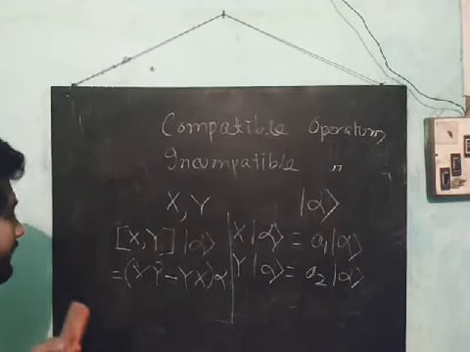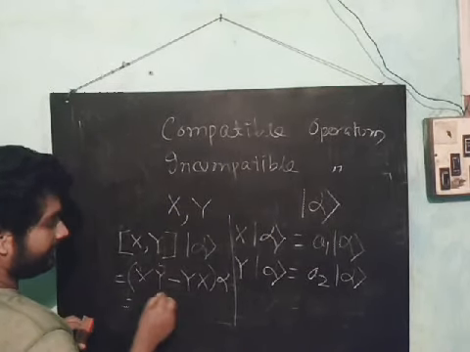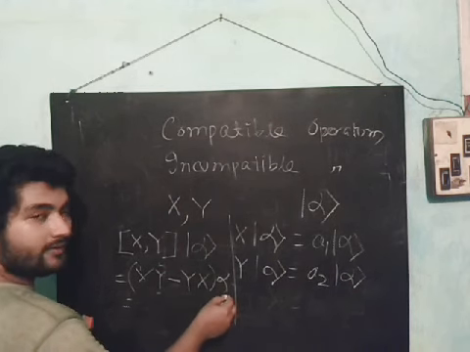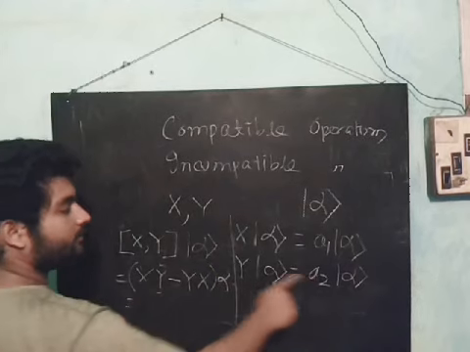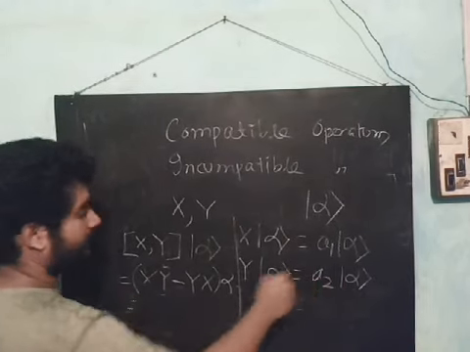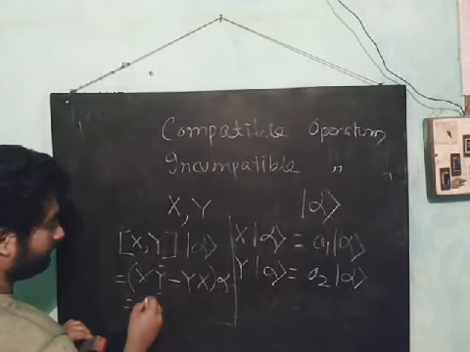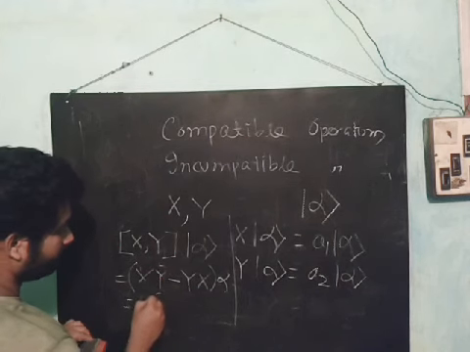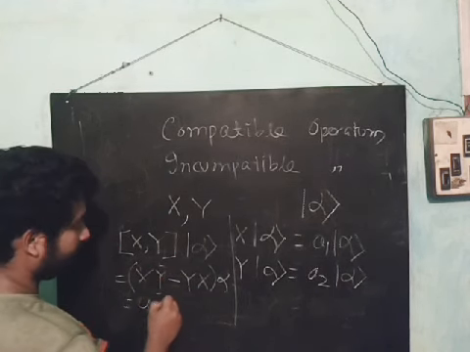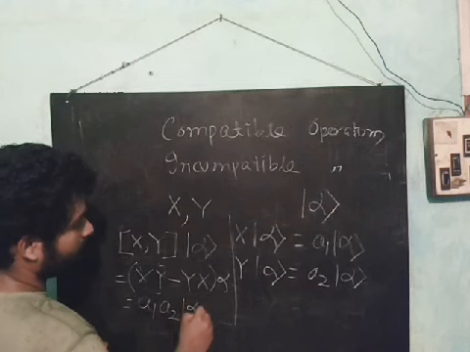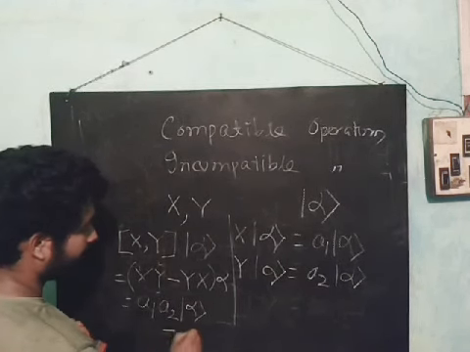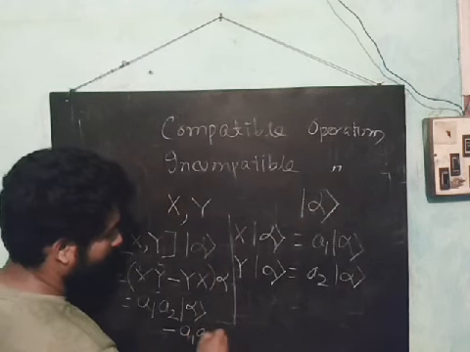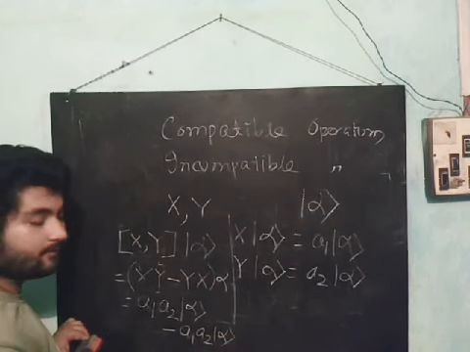What will be the case? If you say Y first operates on alpha, it will give me a2 alpha, then X will operate on alpha and give me a1 alpha. So a1 a2 alpha, same for a1 a2 alpha.